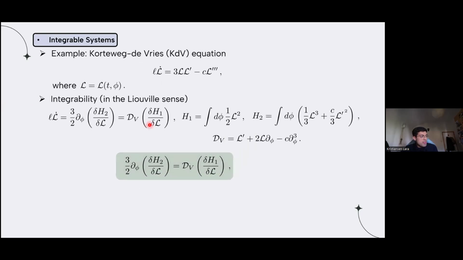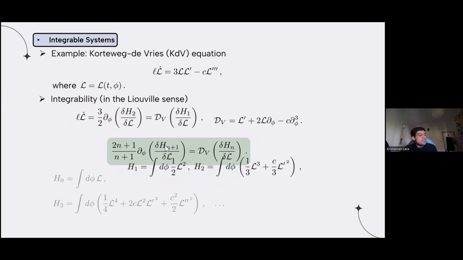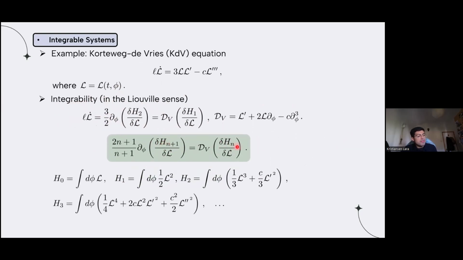Well, continuing with our task, now we are going to address the definition of integrability in the Liouville sense. So we had this expression that you may read here, and we have this relationship that holds for H2 and H1. Nonetheless, this relationship can be generalized to encompass your favorite nth functional H, and these are nothing but differential equations in the sense that you can plug in H1, then you will be able to find H2 here.